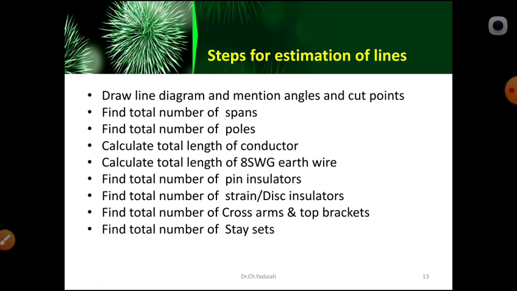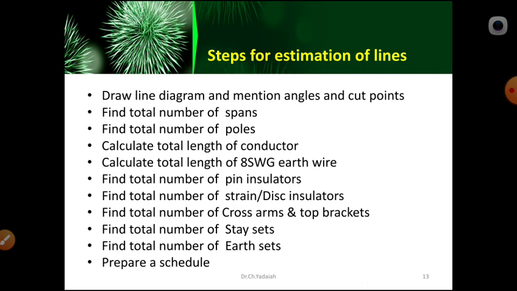And to avoid any leakage current, we can use earth sets at every fifth pole. After doing all these things, you have to write on paper in a systematic table, which is known as a final schedule. Once you make the schedule, the total problem is completed.